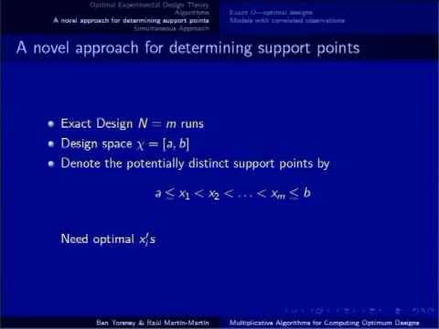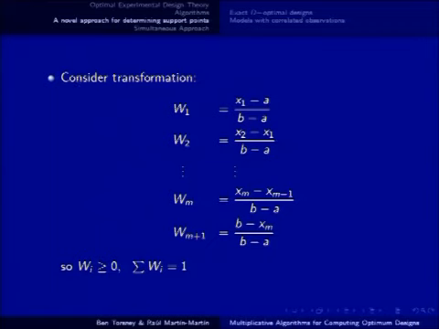Supposing we have a finite design interval, A to B, and suppose we want an exact design of m runs. So we need m potentially distinct design points, x1 to xm. We want to choose them optimally. Consider this idea here, that each of the intervals between successive design points is a proportion of the whole interval b minus a.